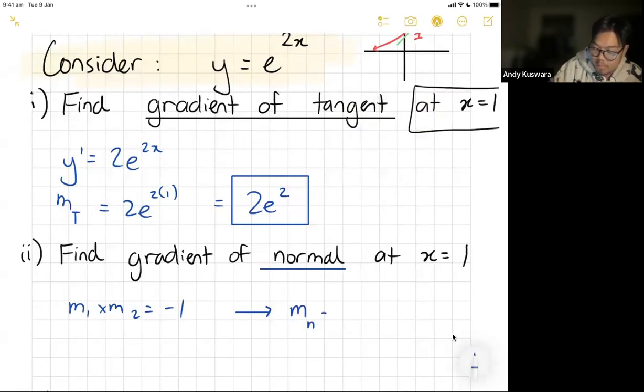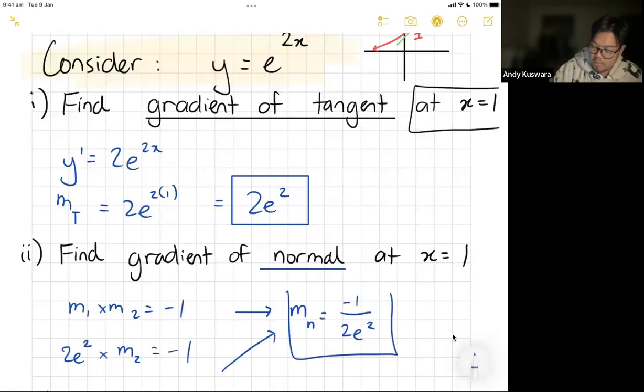My gradient of my normal should be -1 on 2e squared. If you need to, you can solve: 2e squared times our second gradient should equal -1, and that's where you'll end up. So that will be our gradient of the normal.